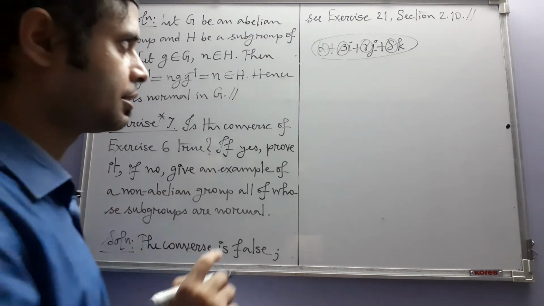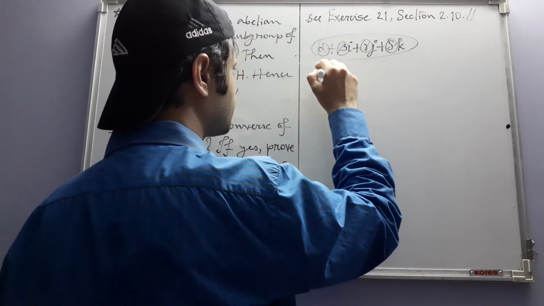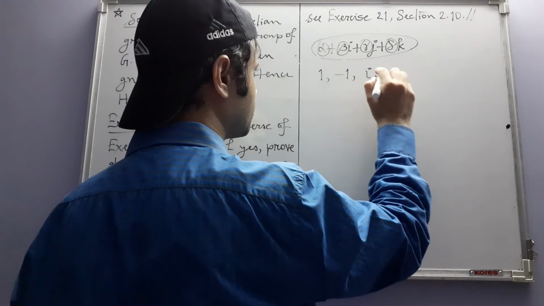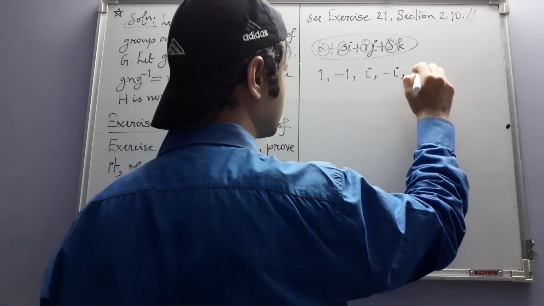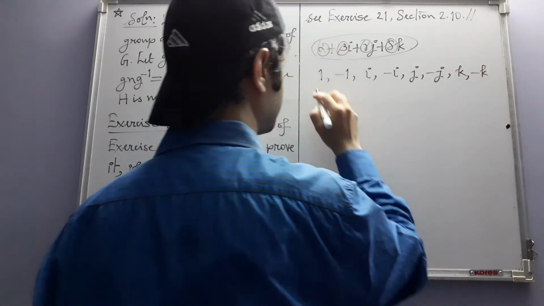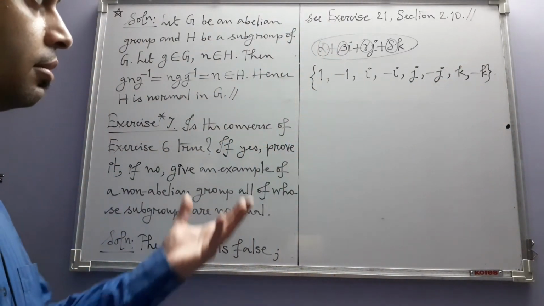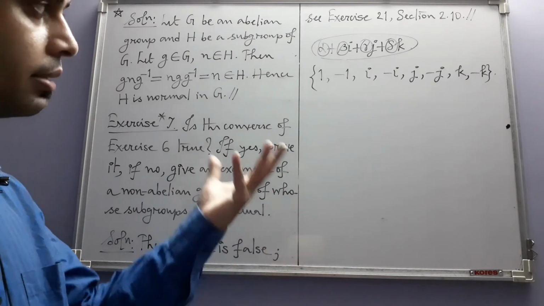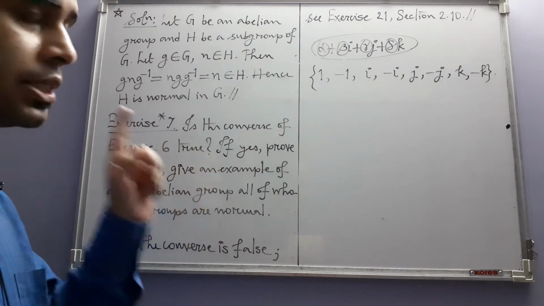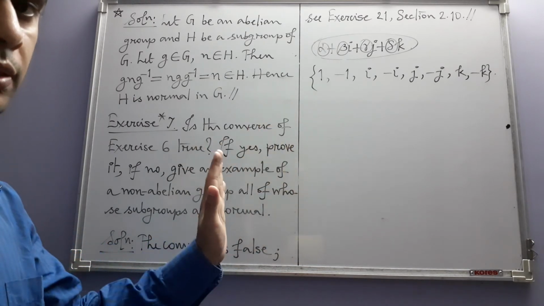In that group, there is a subgroup whose elements are these eight elements. This subgroup is a group, and this group is known as the group of quaternion units, which is non-abelian.